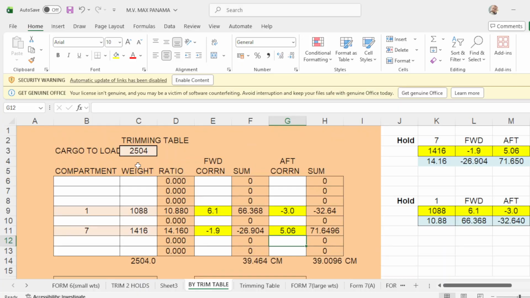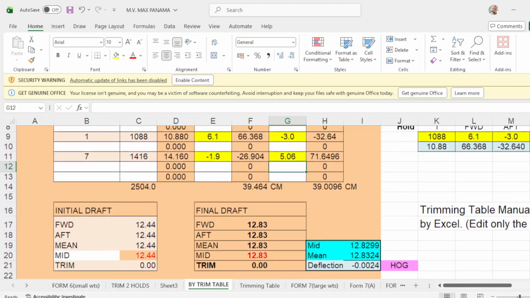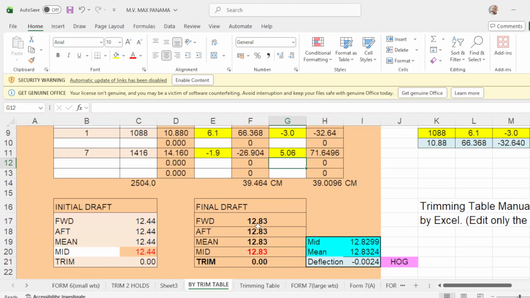Take note, the cargo to load is 2504. Here you have the weights to be loaded in 1 and 7, and these are the corrections for each cargo hold. And your final departure will be exactly 12.83, forward 12.83, mean 12.83, zero trim, and your deflection is 0.